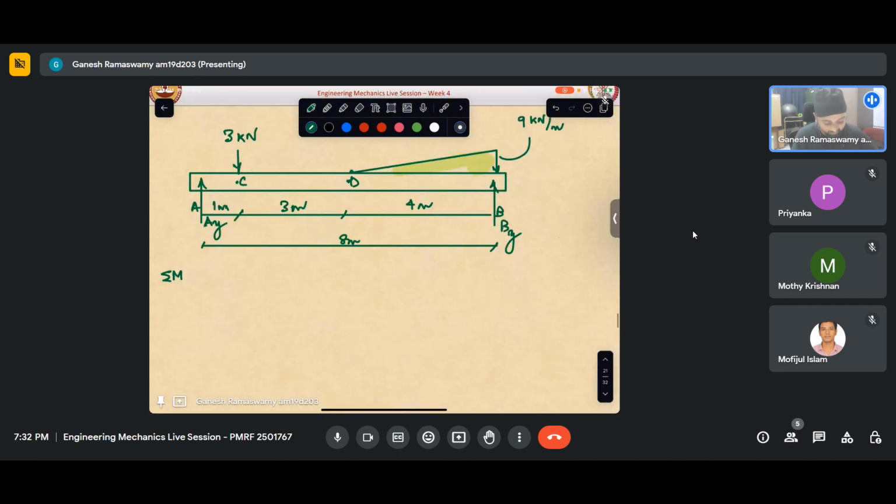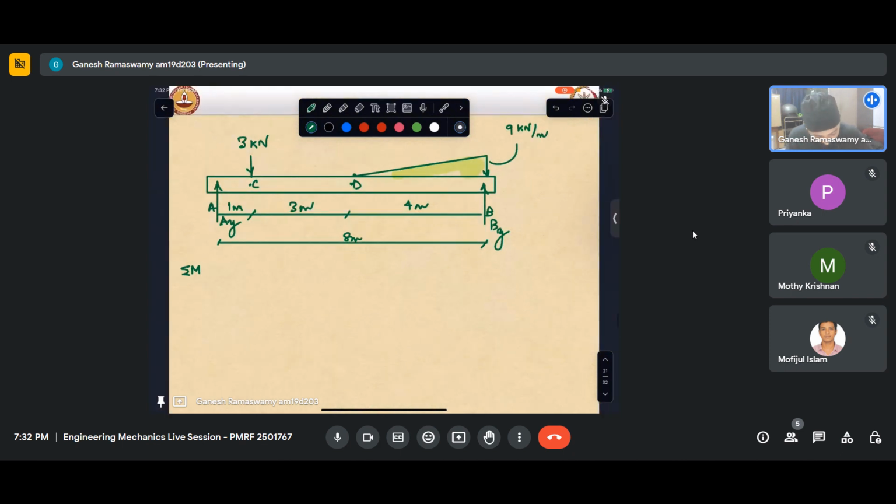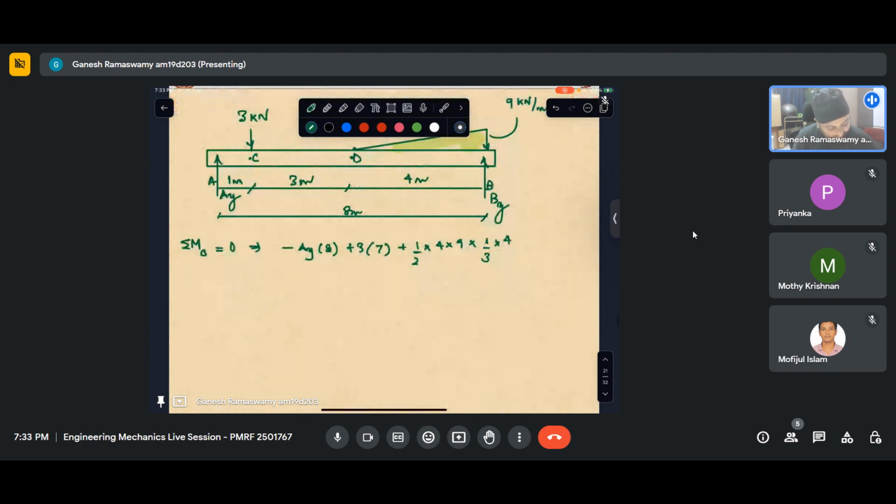So let us calculate the reactions quickly. I'll take moment about B to be 0, which gives me minus AY into 8 plus 3 into 7 plus half into 4 into 9 into 1 by 3 into 4. So when I have a triangle like that, I'll have its resultant at this point, 1/3 of the base.